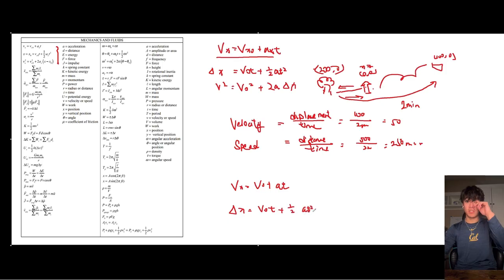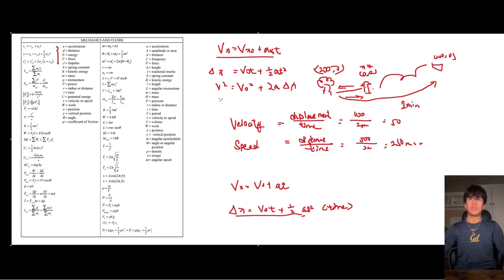V0 is your initial velocity times time, and 1/2 at squared, where a is your acceleration, gives you the change in your displacement. This equation is very important in calculating displacement based on time. So when you're given time and it asks something about displacement, use this equation.